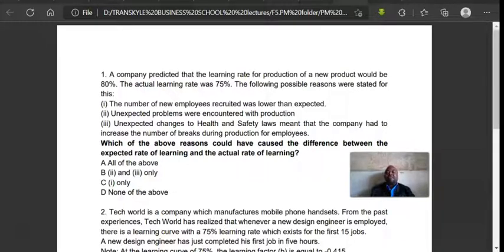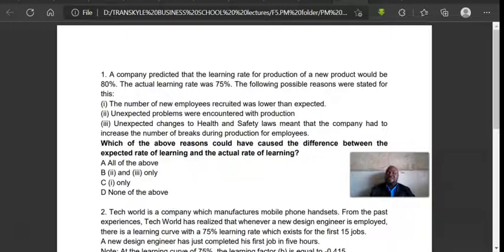And I've indicated that when the learning rate is higher, it simply means that the efficiency is low, but when the learning rate is low, then the efficiency is higher. We are taking less time to do things. We are taking less time to get our skills.